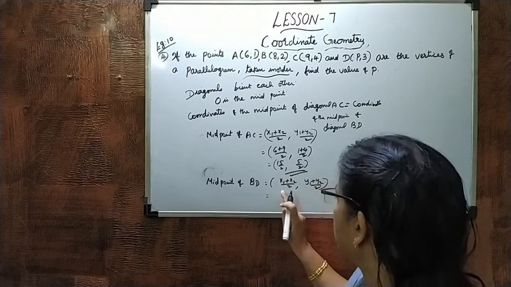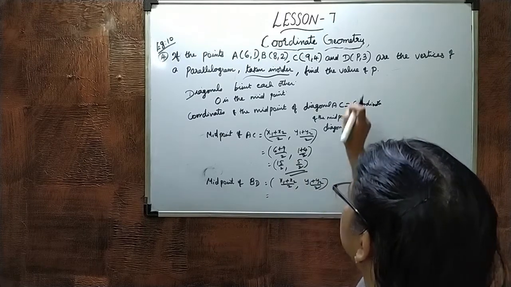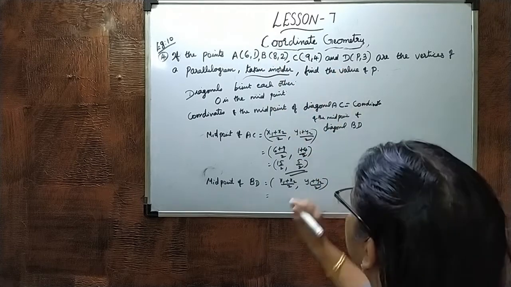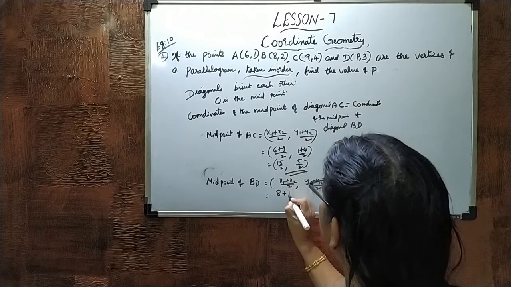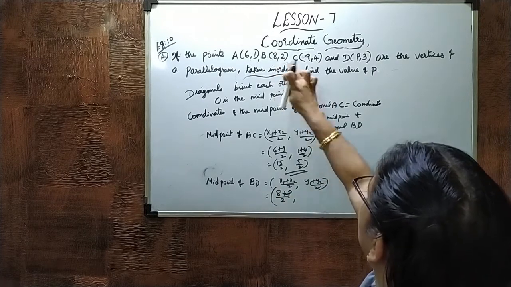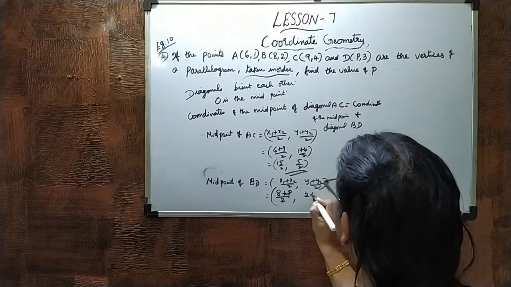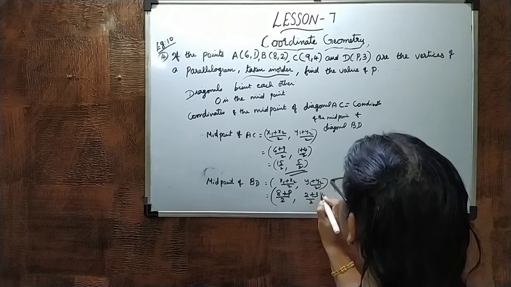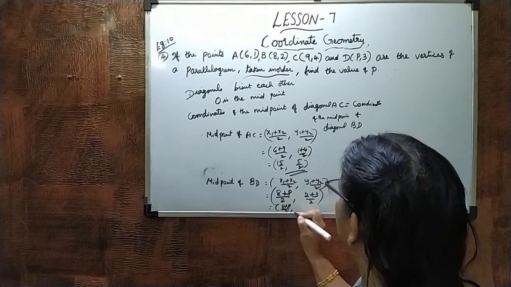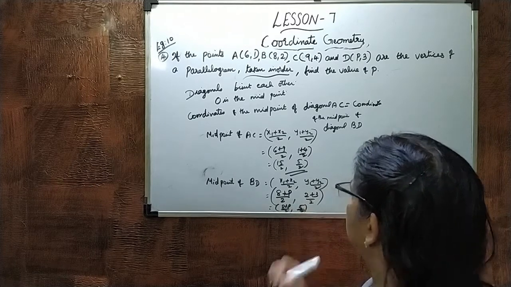Here BD means here 8 and P, so it will be 8 plus P divided by 2 and it is 2 plus 3 divided by 2, right, it will be 8 plus P divided by 2 and 5 by 2 you will get.